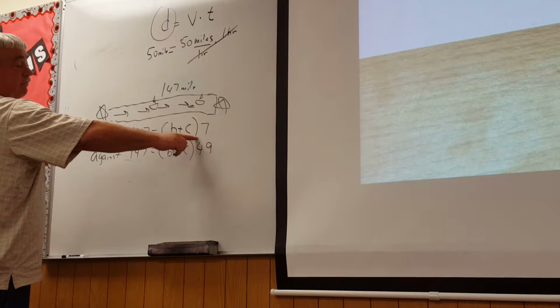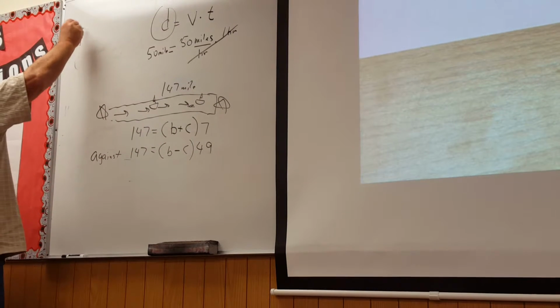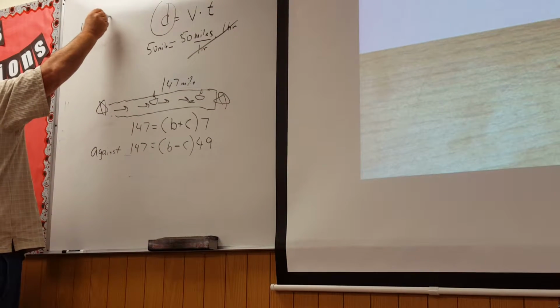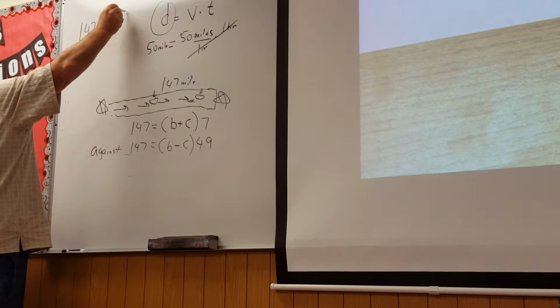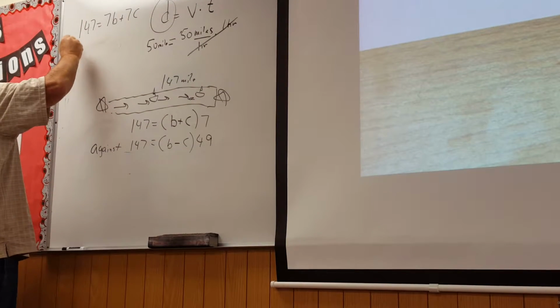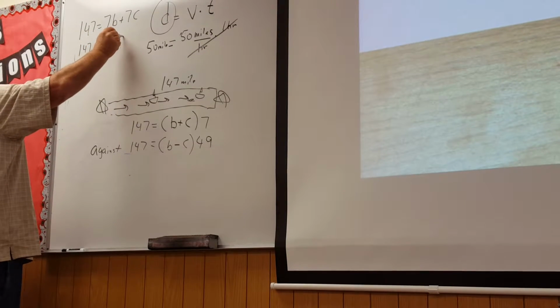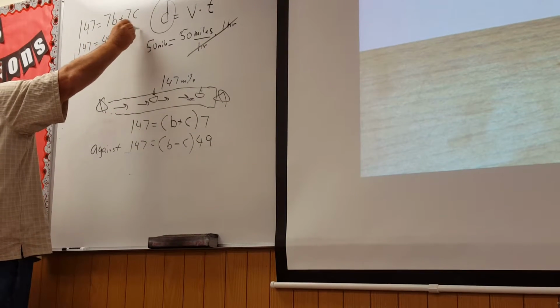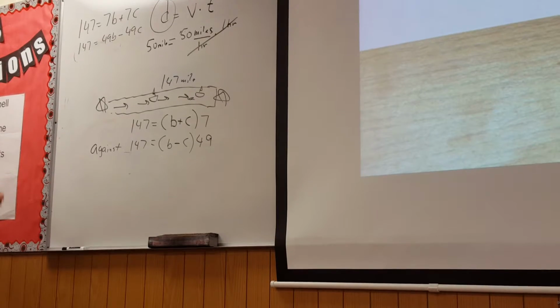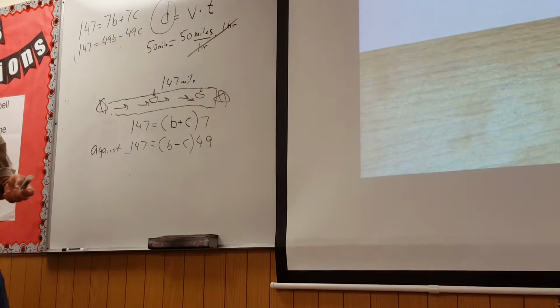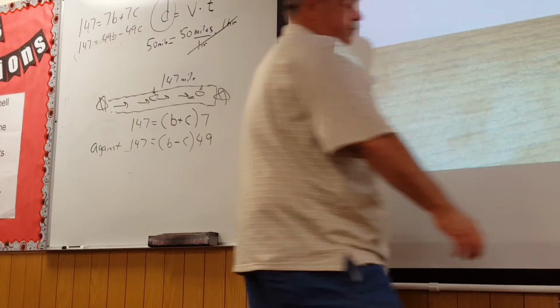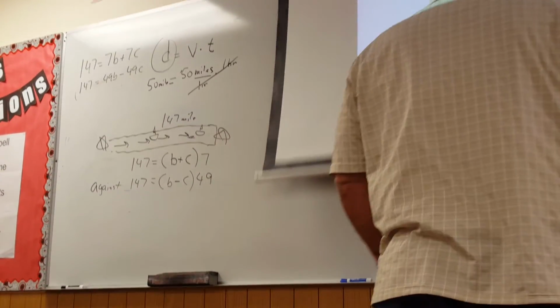Now you get rid of these parentheses. So 147 equals 7b plus 7c, and 147 equals 49b minus 49c, okay? All right, so now we solve that.